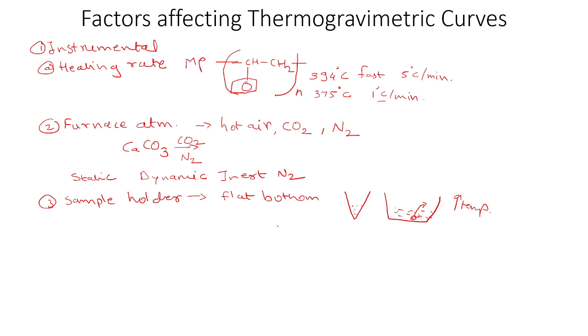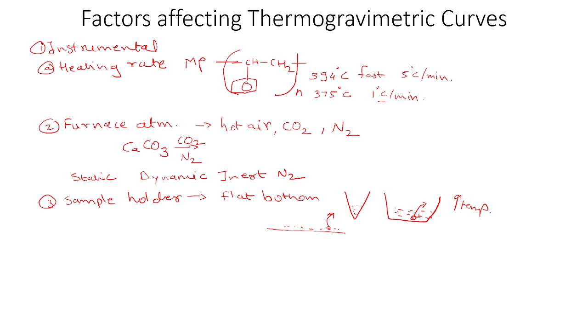But if you are using a flat bottom sample holder, as soon as whatever is going to come out, it will come out without any hurdle, so the temperature at which this change takes place is recorded accurately. That is the important thing. Therefore the shape and size of the sample holder can change the nature of the TG curve.